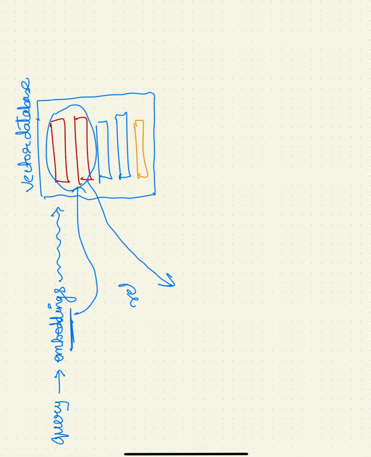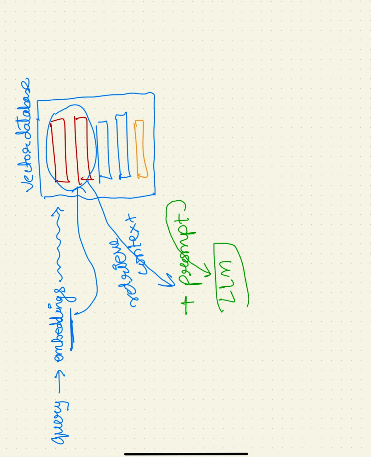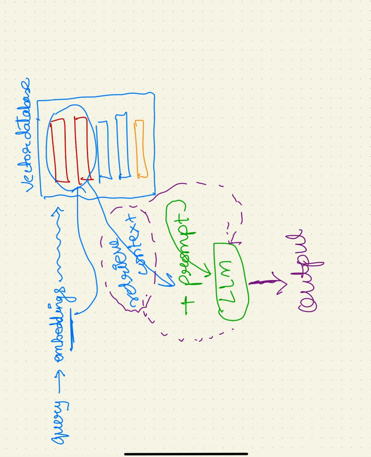We retrieve the context, then based on the retrieved context plus prompt, it instructs the LLM to use the particular relevant retrieved context to provide some output.